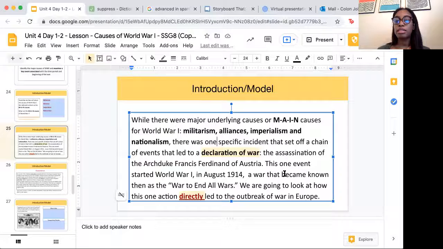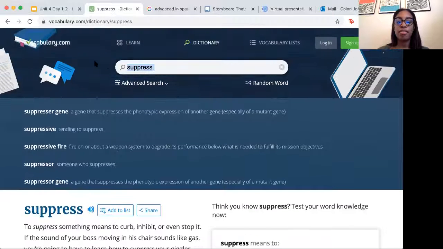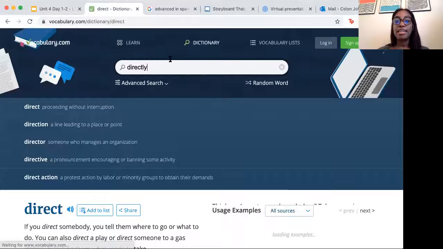And of course, this war, World War I, became known as the war to end all wars. Okay, we're going to see if that really happens though. We are going to look at how this one action directly led to the outbreak of war in Europe. For those of us who might not understand what directly means, it is a cognate.